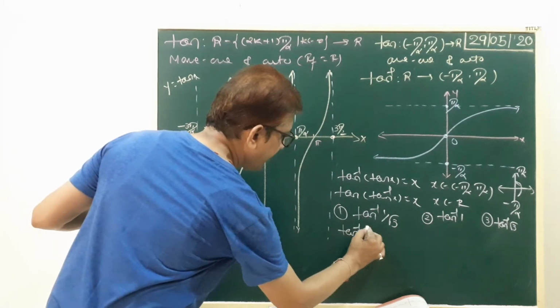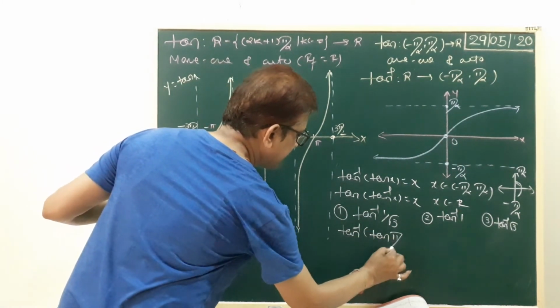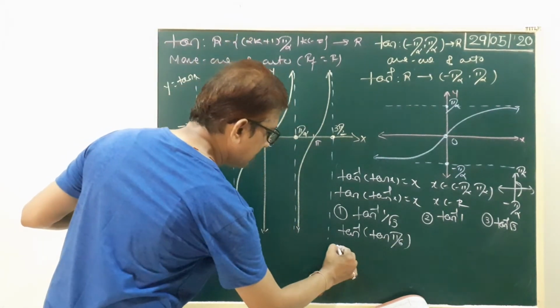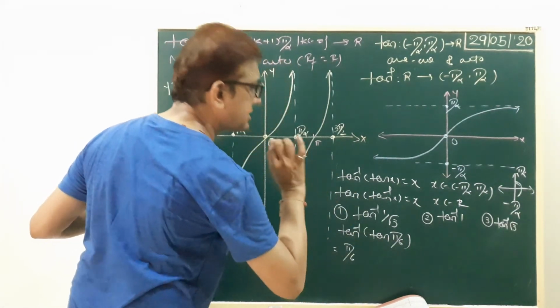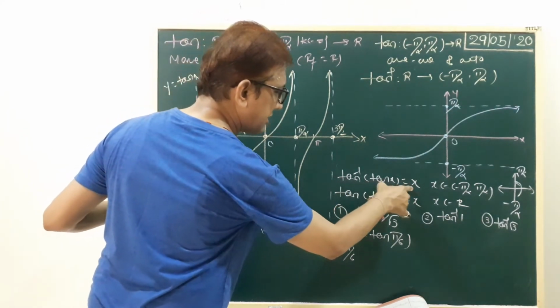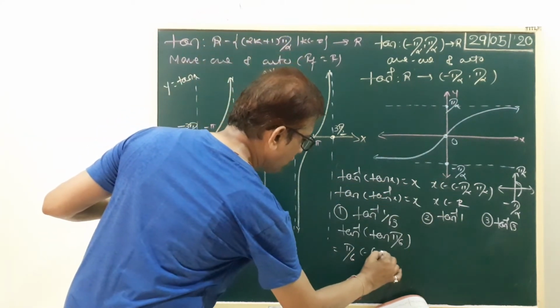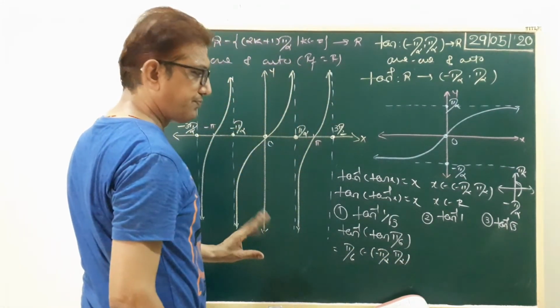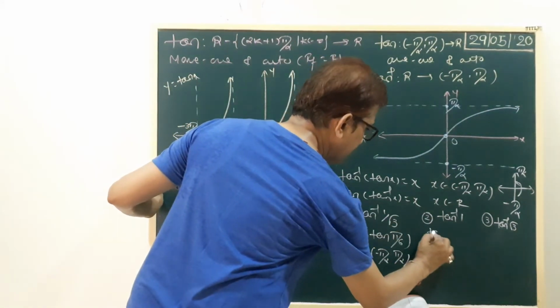So table value: tan 30 is 1 by root 3, that is tan pi by 6. Tan inverse tan cancel, the answer is pi by 6. Pi by 6 belongs to the open interval minus pi by 2 to pi by 2. Is it clear?